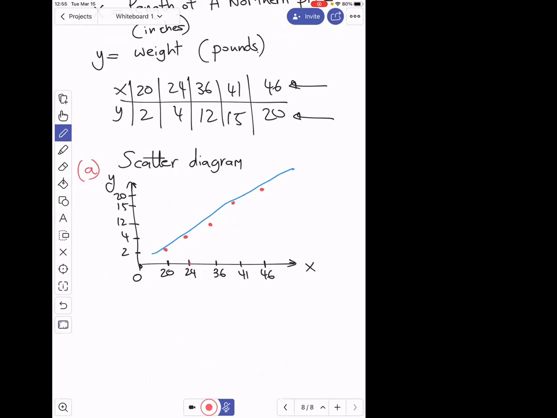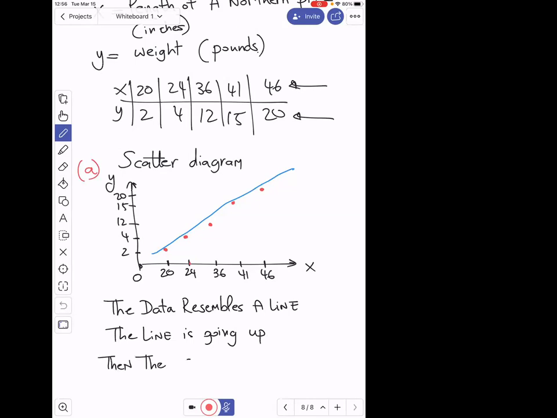So the data in this case resembles a line, and the line is going up, right? Because it's going up, the correlation, of course, is positive.